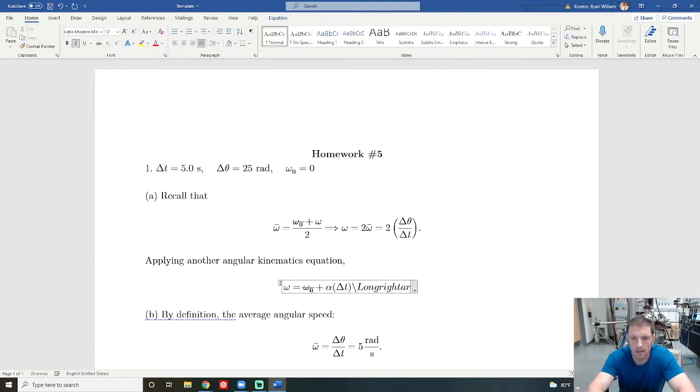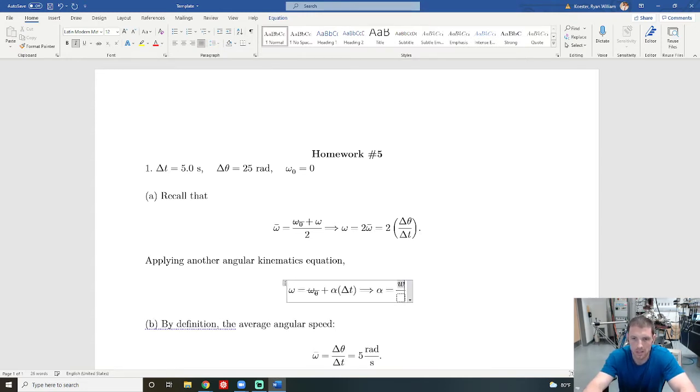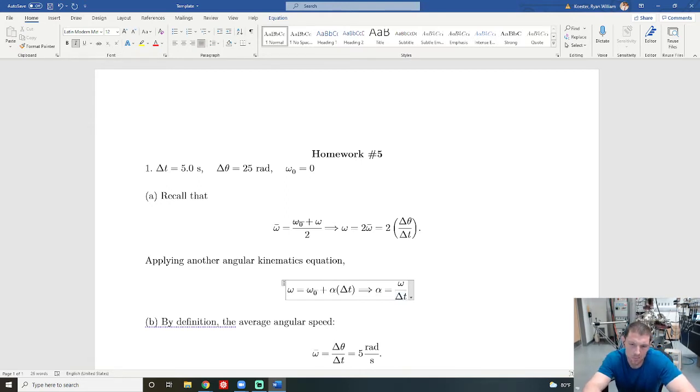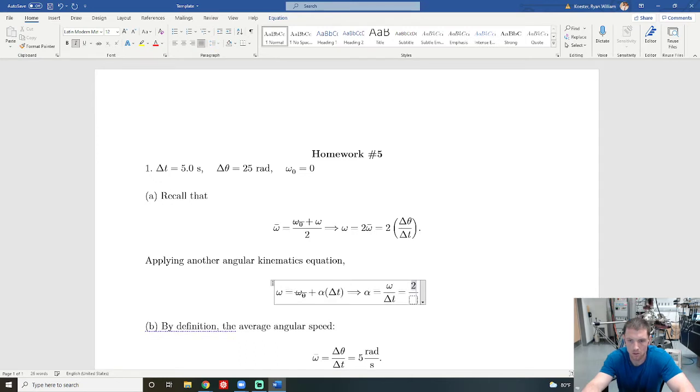And so what we have is that alpha equals omega, oops, I wrote a W, doing that a lot lately. Alpha is simply omega divided by delta t, right? Now, remember that omega is 2 omega bar divided by delta t.